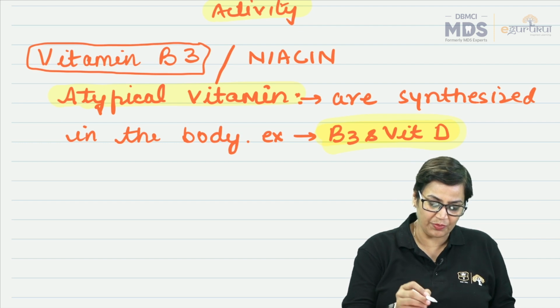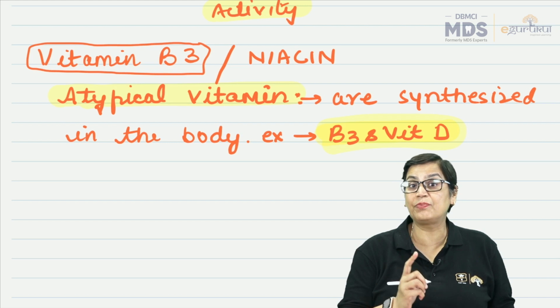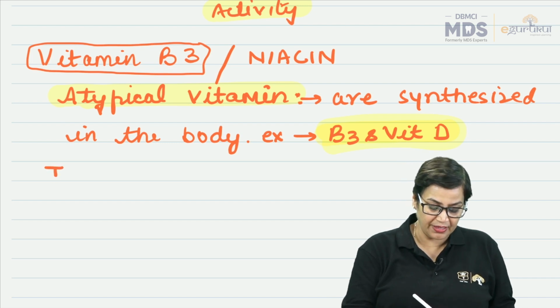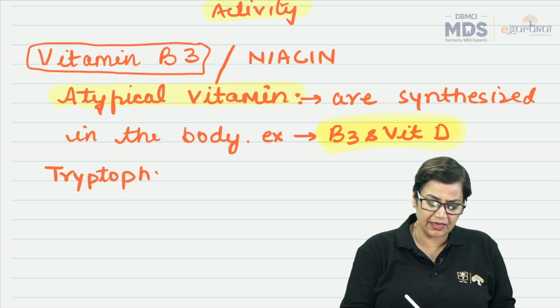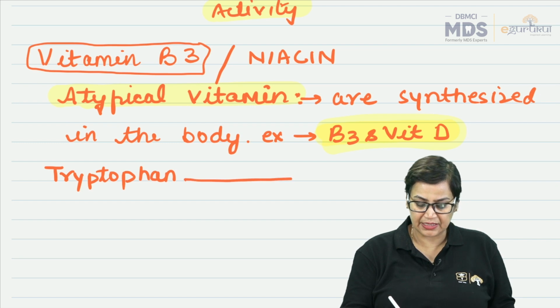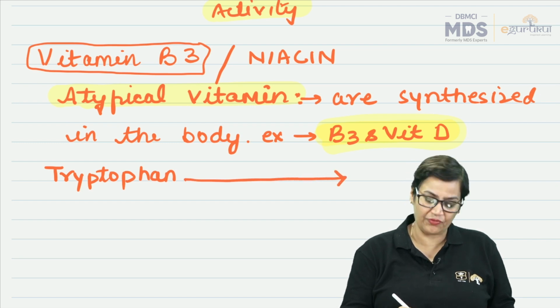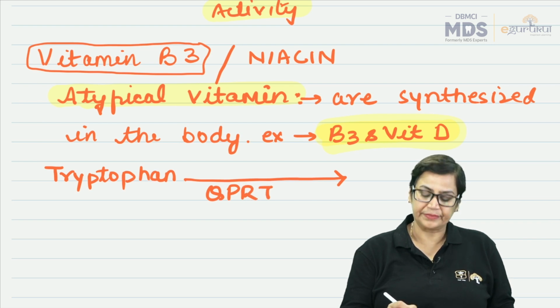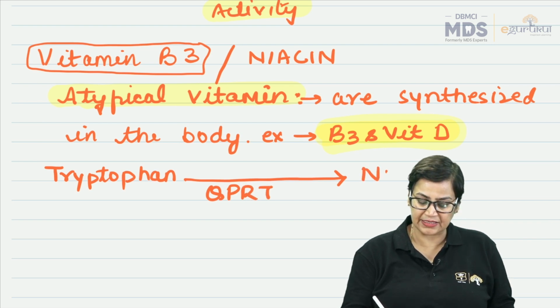Now if we talk about B3 or niacin, it is synthesized from tryptophan, which is an essential amino acid. This, in the presence of the enzyme QPRT, synthesizes niacin.